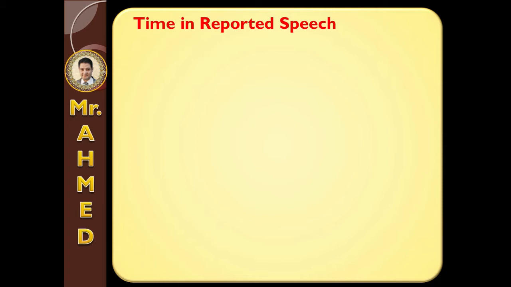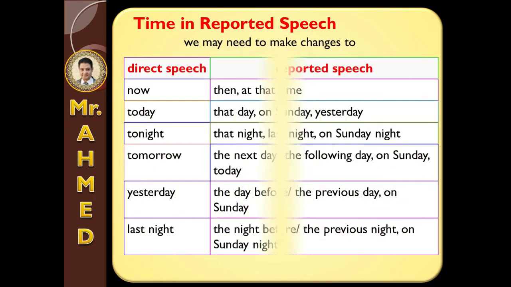Time in reported speech: we may need to make changes. This is the direct. If we find now, we will change it into then or at that time. Today will change to that day, or on Sunday. Tonight will be changed to that night, or last night.